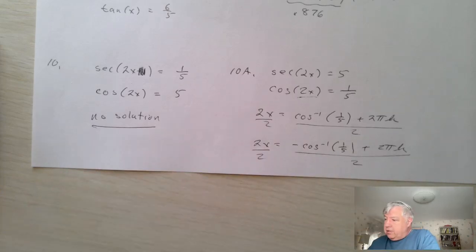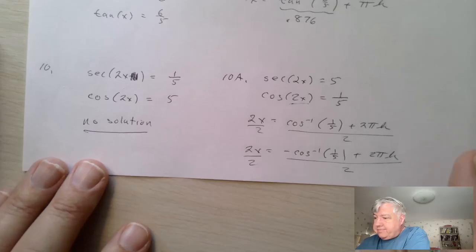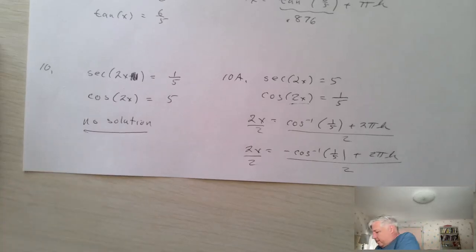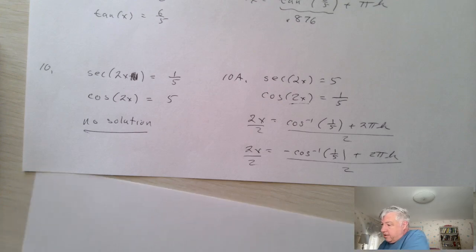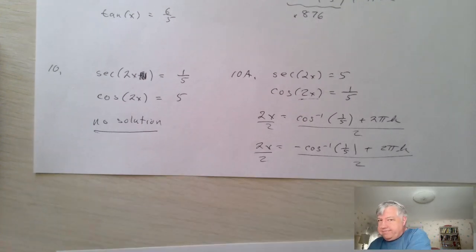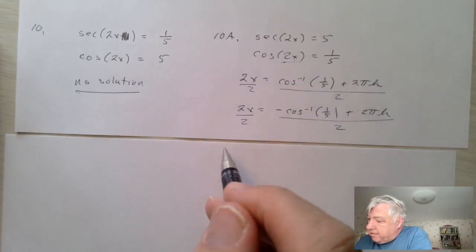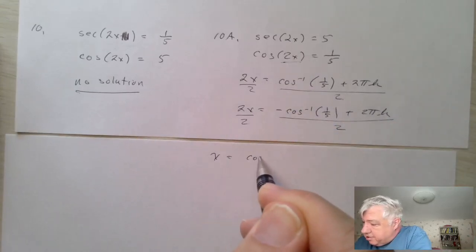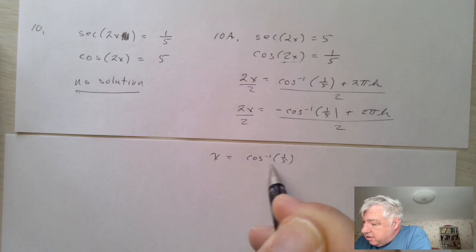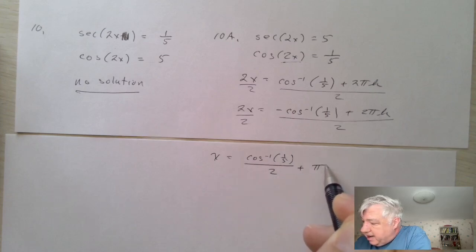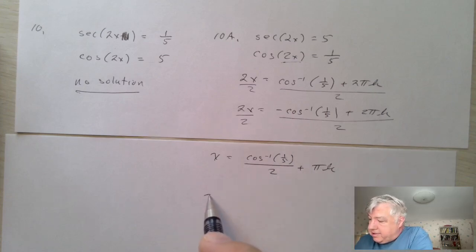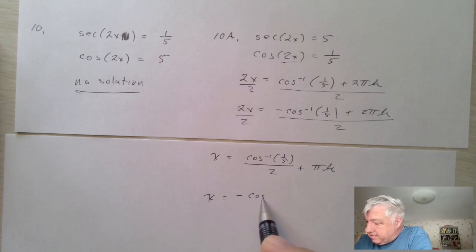Okay, so in this case, running out of paper here. In this first set, this first one becomes x is equal to the inverse cosine of 1/5 over 2 plus pi k, and the second set would be minus this.